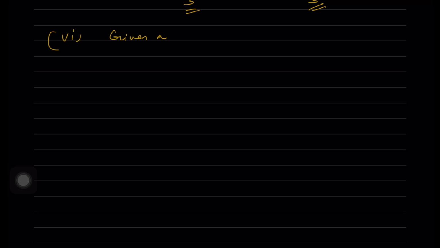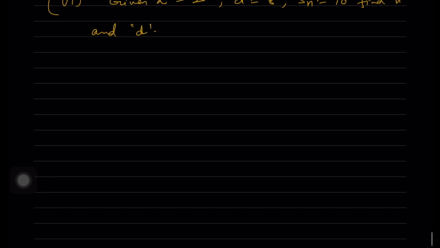Given a is equal to 2, d is equal to 8, Sn is equal to 90, find n and an. The d is already there, isn't it?